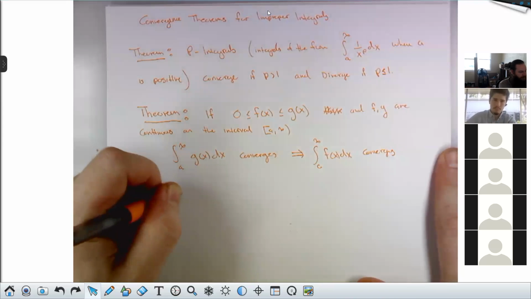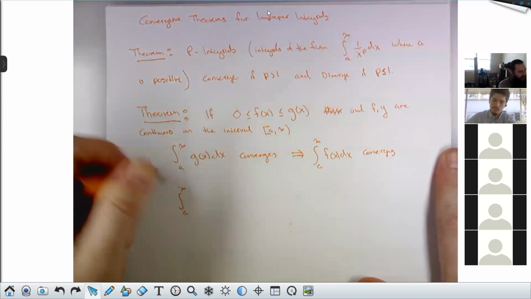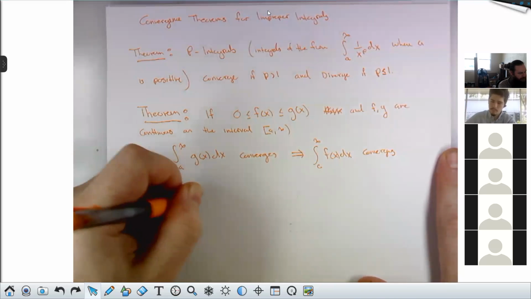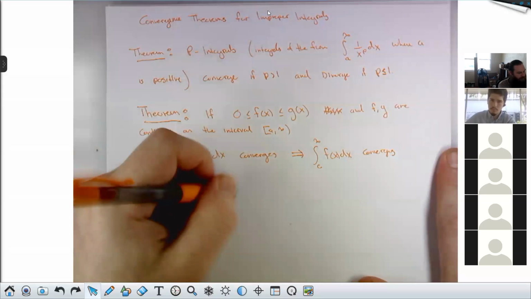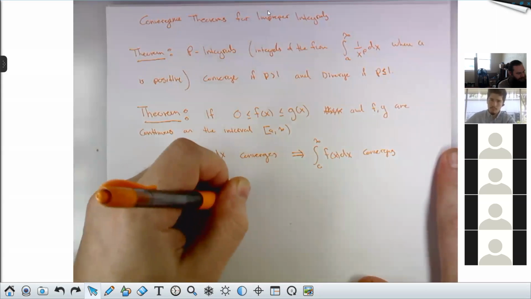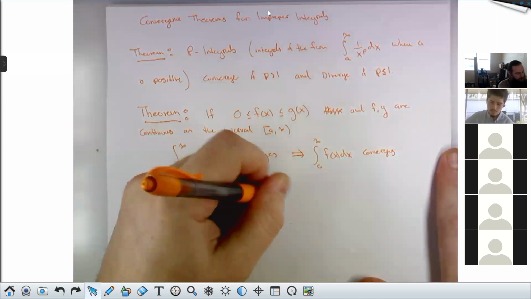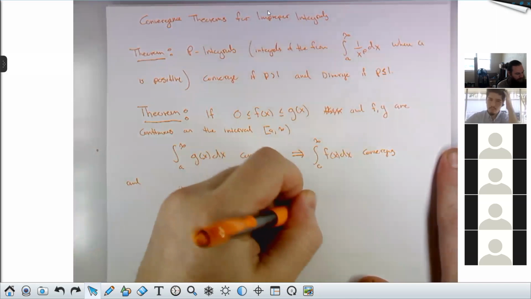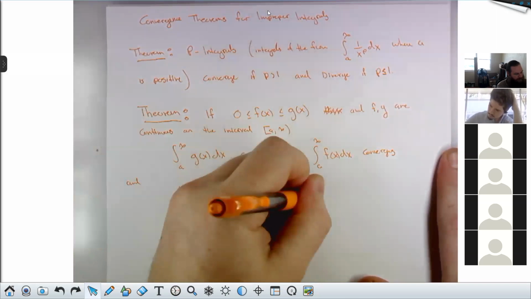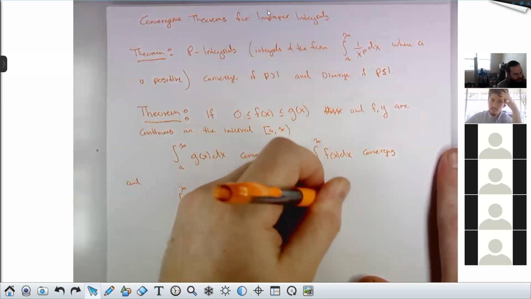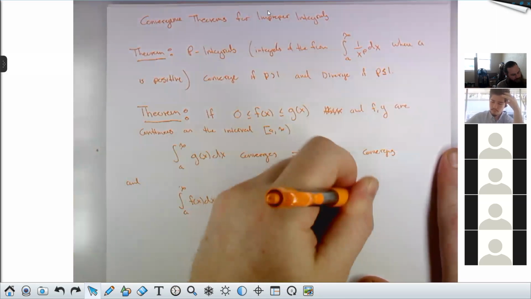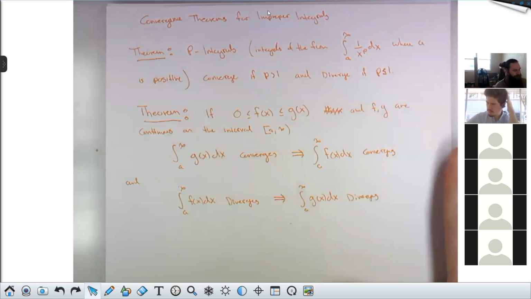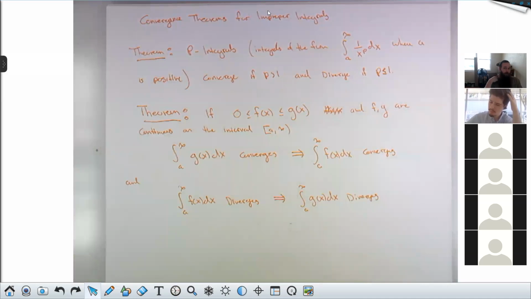And the integral from a to infinity of f of x dx diverging implies that the integral from a to infinity of g of x dx diverges. This is called the comparison theorem.